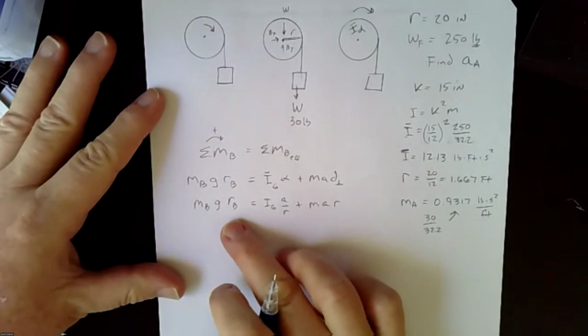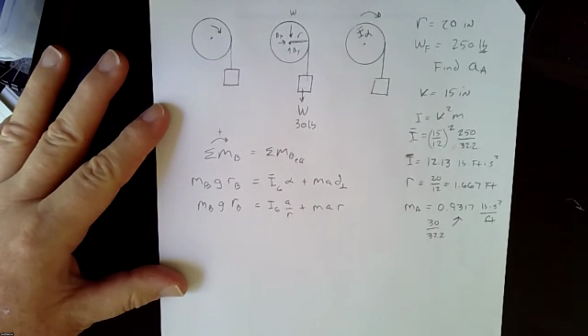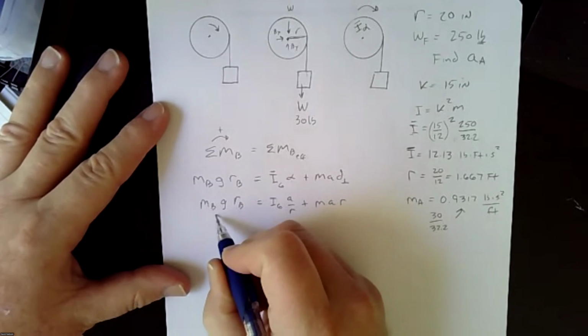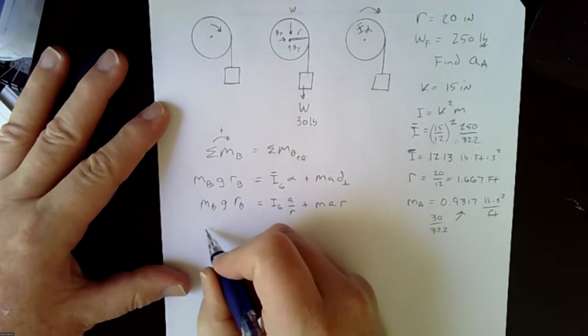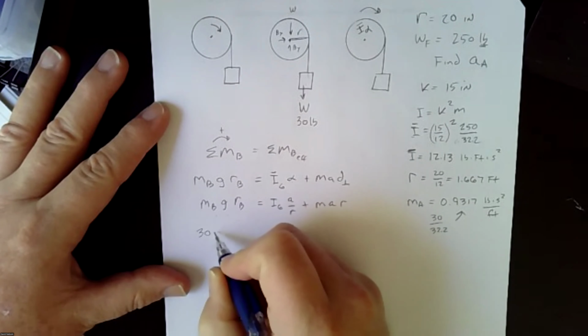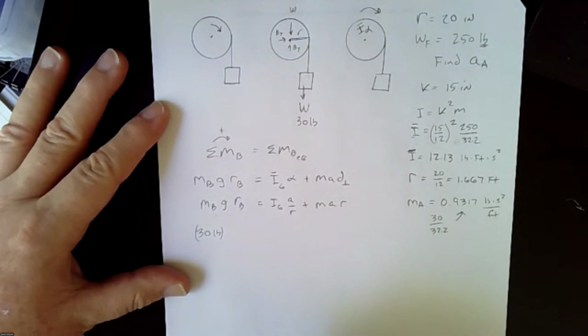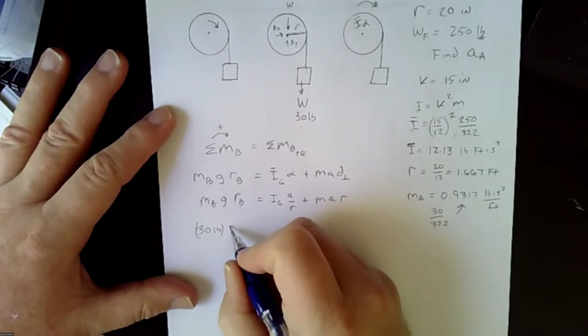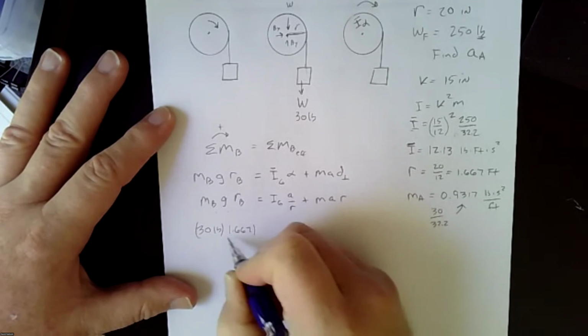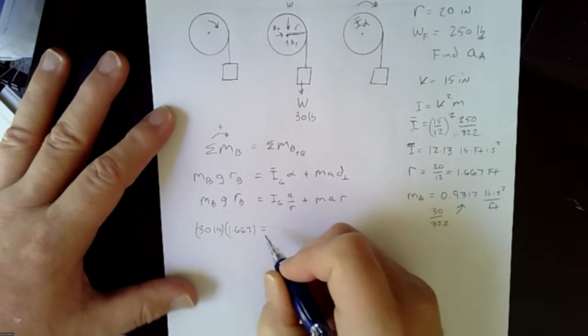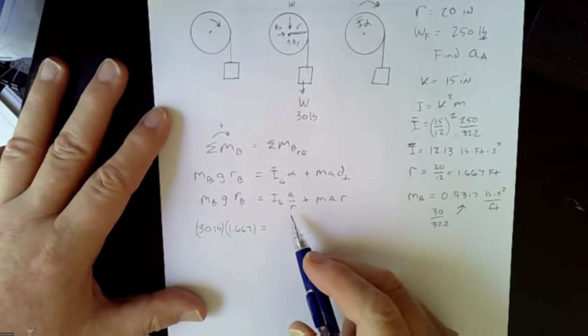So now we have everything. We can bring it over to here, and we know M B G is just 30 pounds. So we have 30 pounds times the distance, 1.667. And that equals I G, which I found.